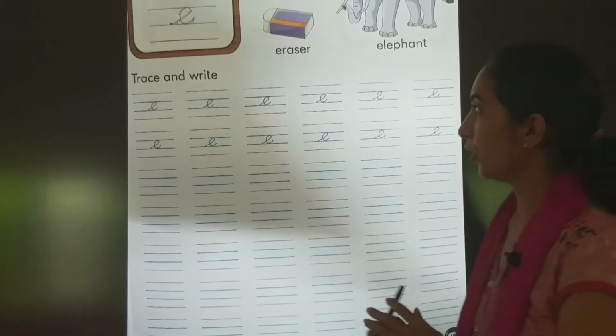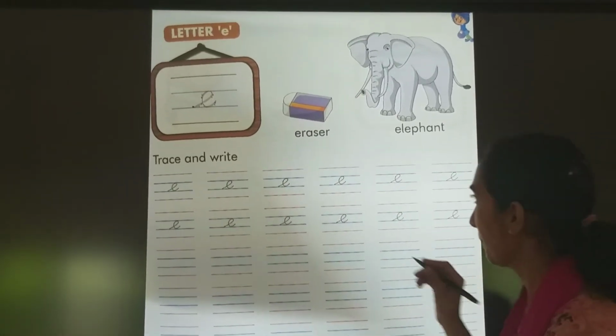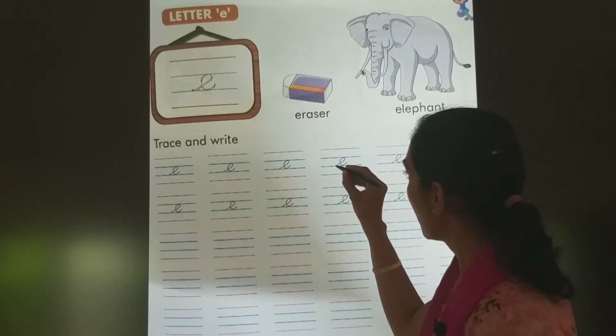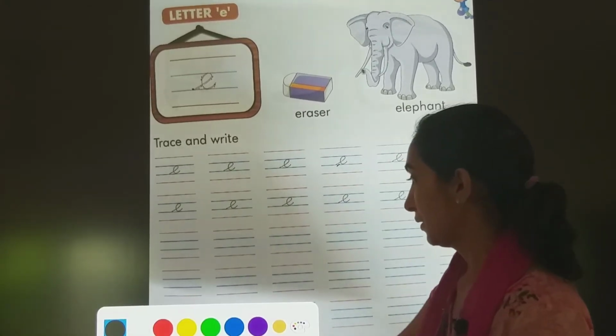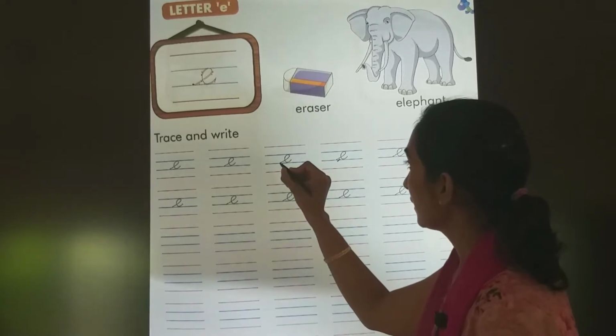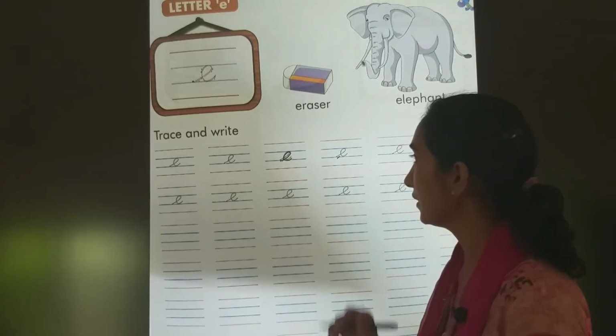This is small e. How will we write small e? Start from this line, the second blue line, go up and down. This is e.